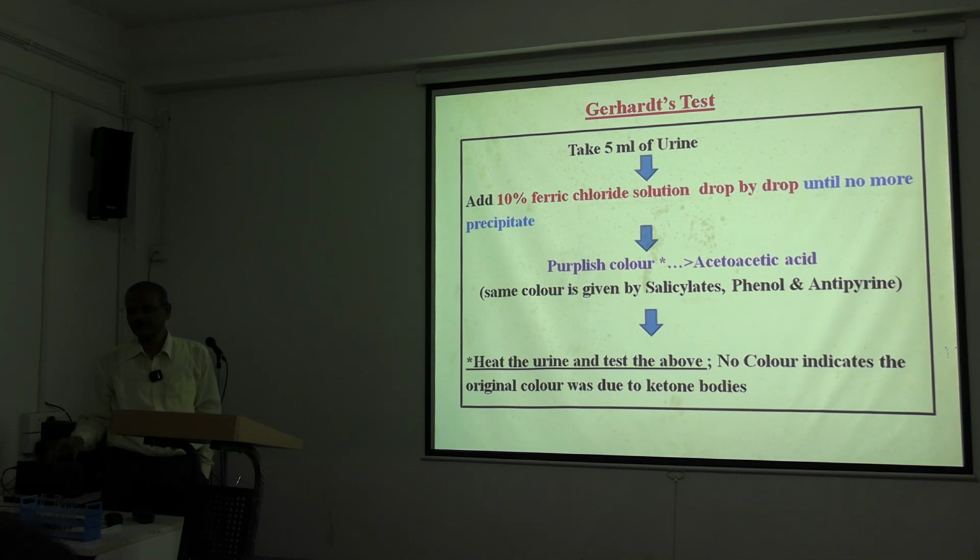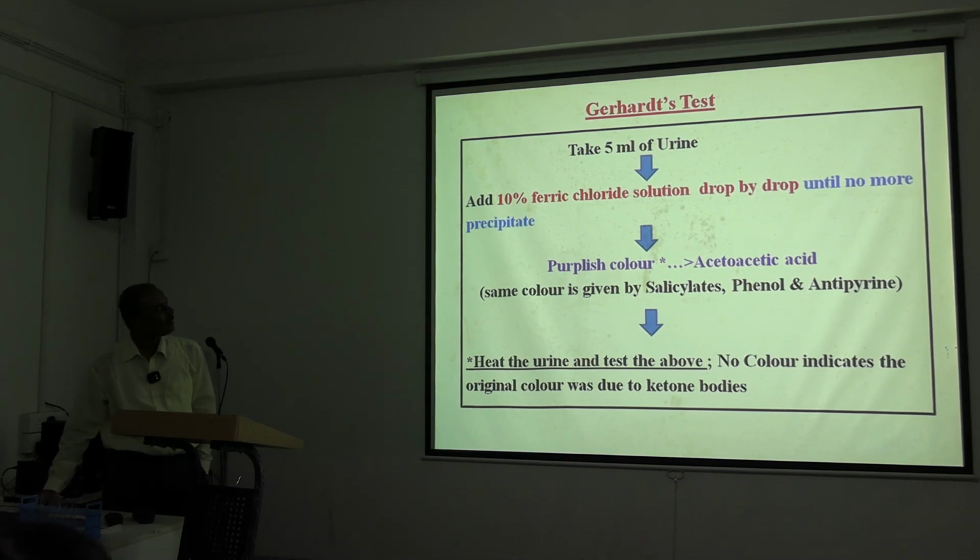We have a nurse in our hospital who used to maintain a blood glucose level of 800 milligram, and without that level she could not work. When her blood glucose level used to be below 400, which is quite high when ketoacidosis occurs, she used to suffer from hypoglycemia. So her body was set at some higher point.